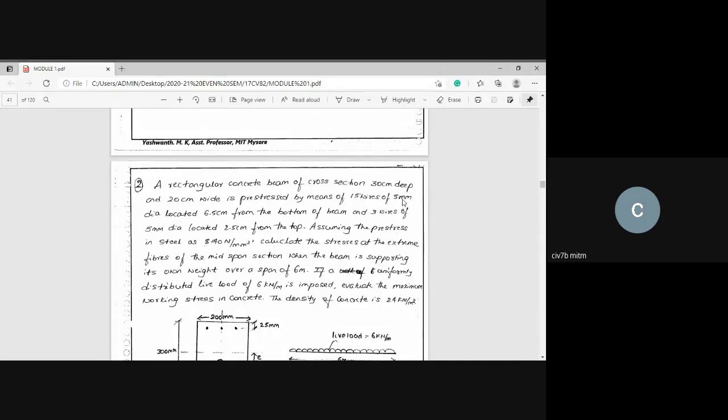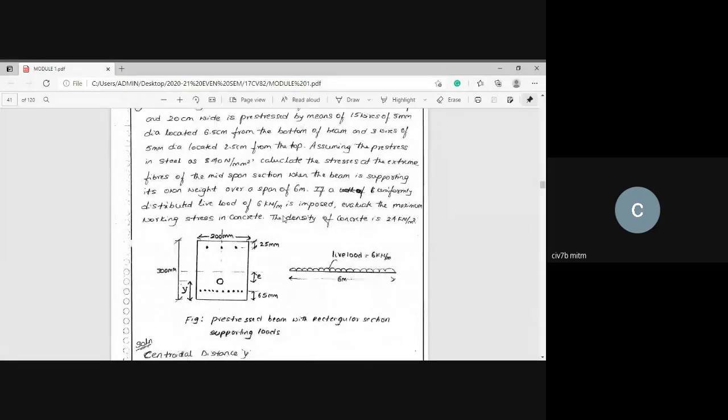That means each wire is of 5 mm dia. So totally 15 wires are located 6.5 centimeter or 65 millimeter from the bottom of the beam.